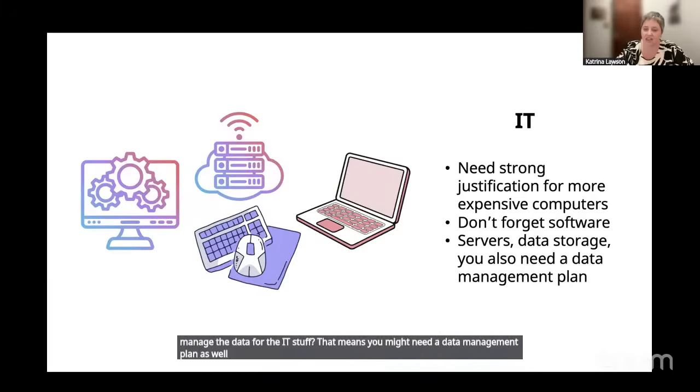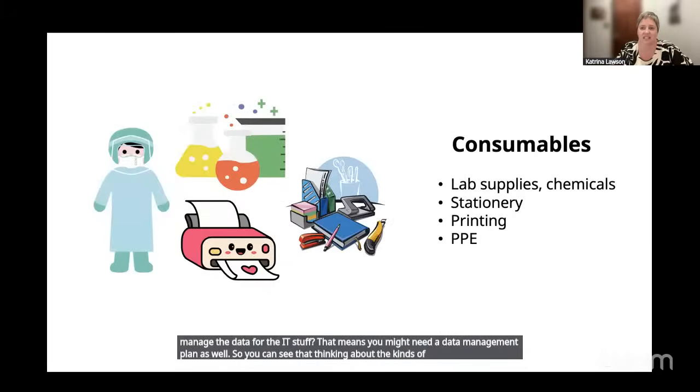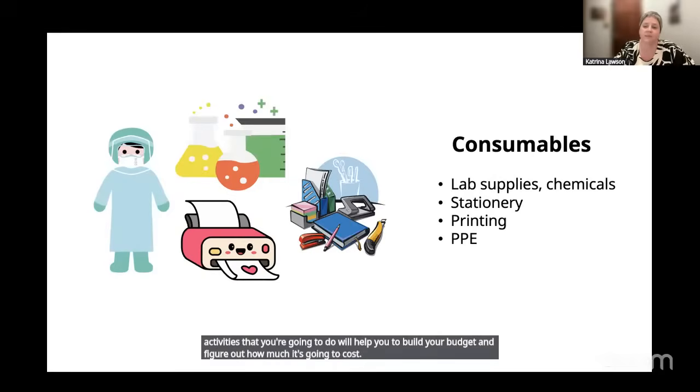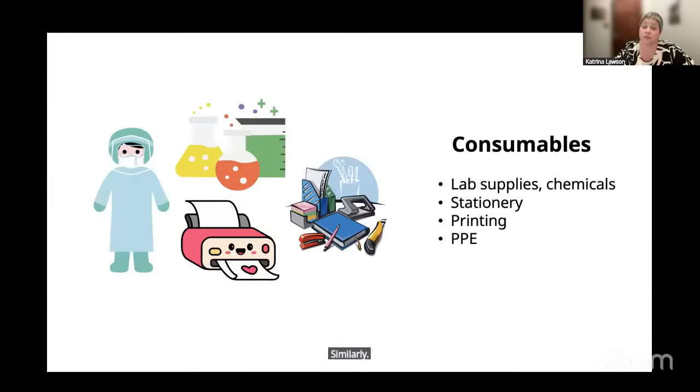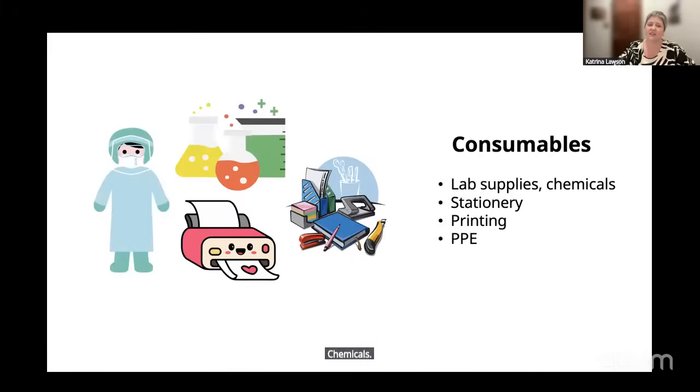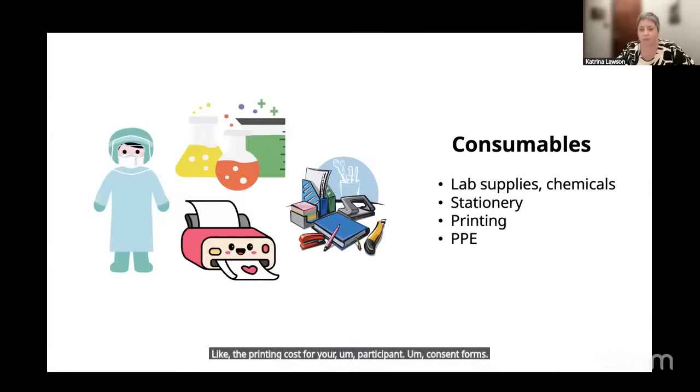So you can see that thinking about the kinds of things that you need, or the kind of activities that you're going to do, will help you to build your budget and figure out how much it's going to cost. Similarly, for consumables, there are some that are obvious and easy, like your lab supplies, chemicals. Others that people tend to forget are things like PPE, like the printing cost for your participant consent forms, for example.